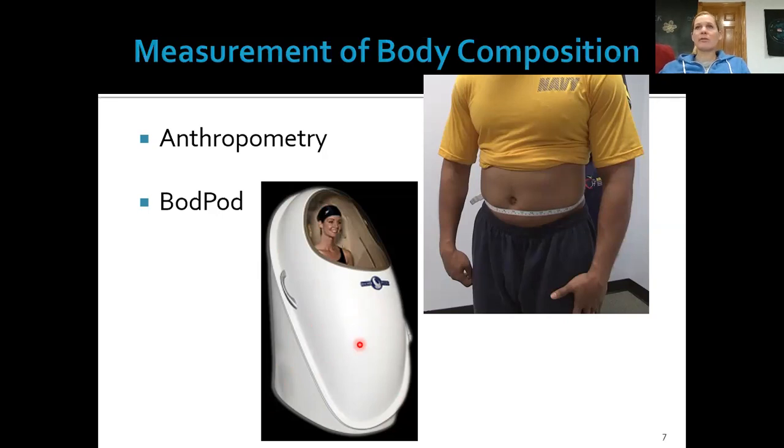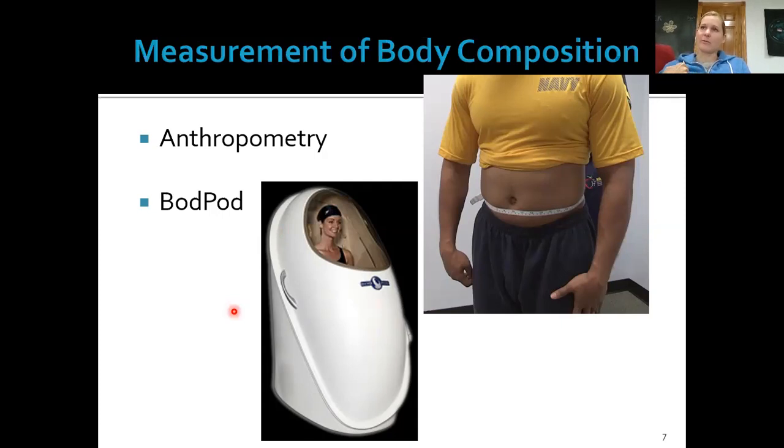You sit in the chamber for, I don't know, about 90 seconds. You have to be very still in order for it to be accurate. So that can be a little claustrophobic for some people. Fairly expensive method. Again, if you were a guy and you had long hair or anything besides a buzz cut, then we would want you to wear a swim cap, because we don't want that hair displacing the air, and so therefore that would affect your results.